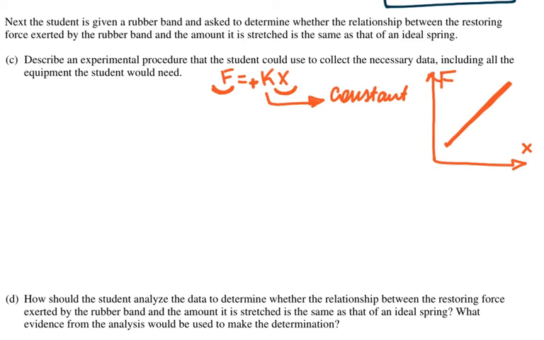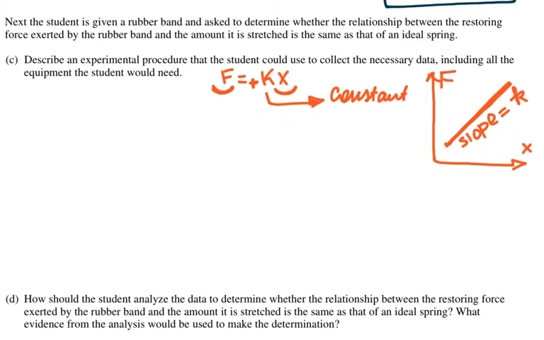So you would have a linear relationship where the slope of the graph is actually the spring constant, because if you look at this graph, y is equal to mx, y is your F, x is your x in this case, and m is the slope. So there would be a linear relationship.